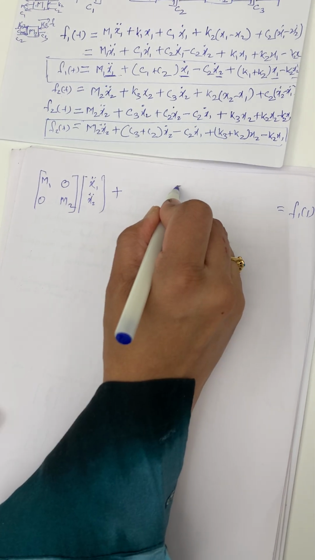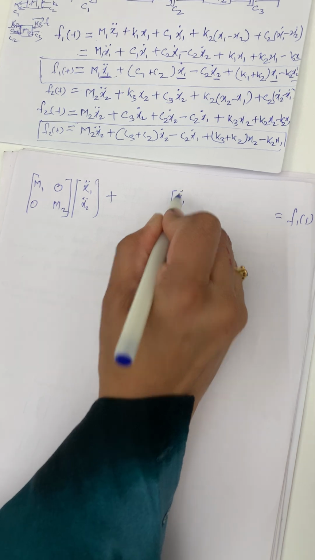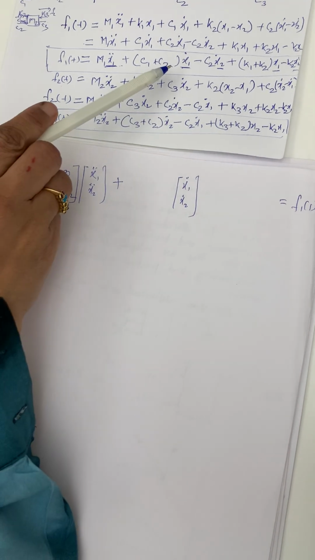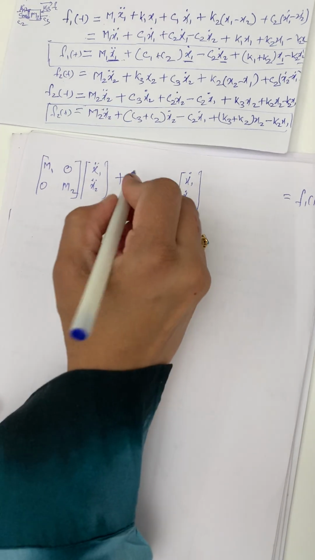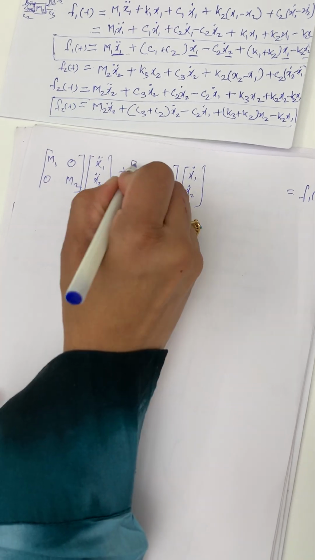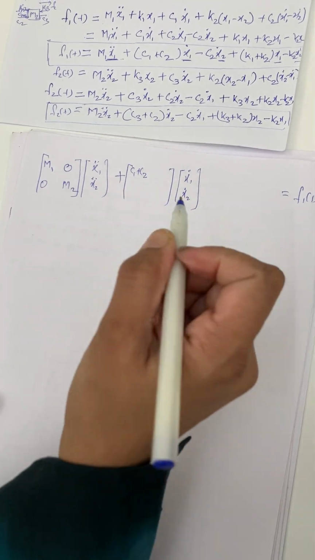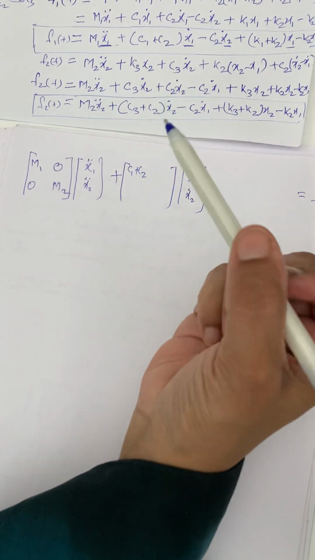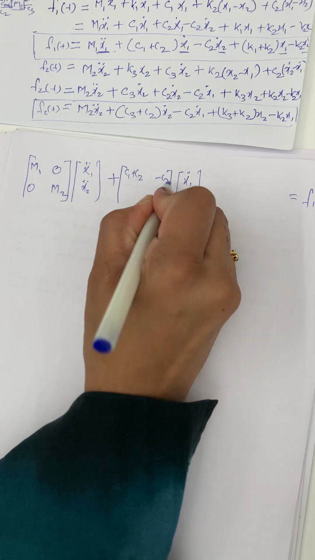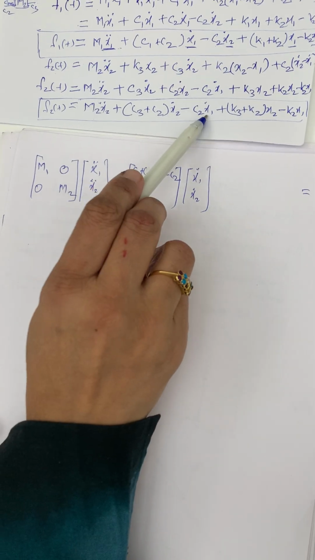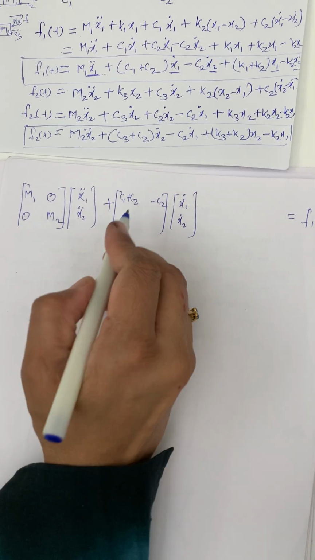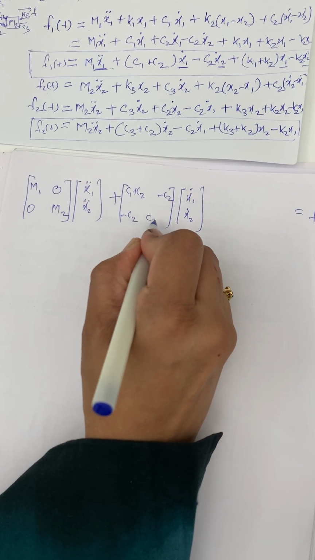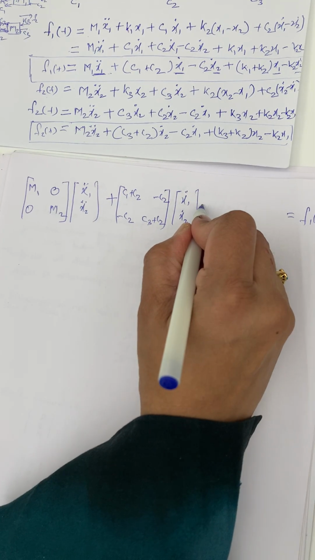Okay. Now for x1 dot and x2 dot. For x1 dot, it is C1 plus C2, and for x2 it is minus C2. So you will write here minus C2. For the x2 row, the x1 term is minus C2 and this term is C3 plus C2.